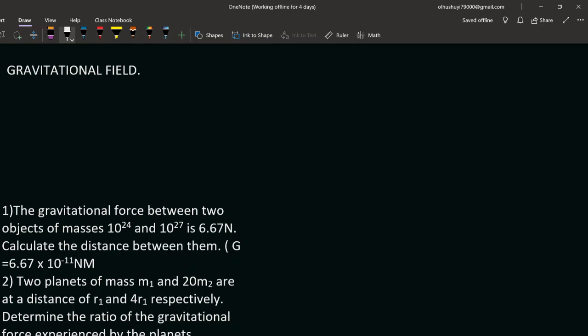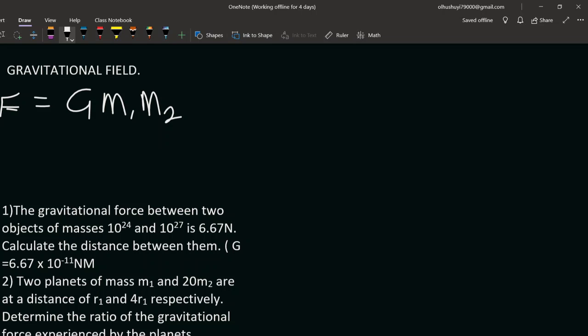The formula we use is this: F is the gravitational constant, G, times the first mass, times the second mass. Got that?